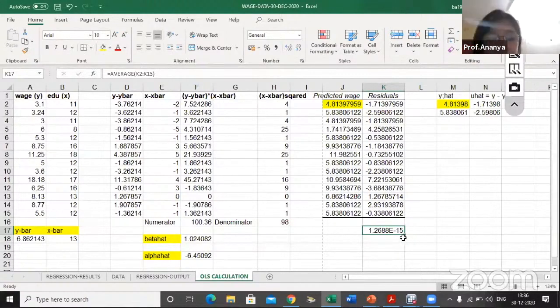This is just to show you that by the method of least squares, when you're fitting a straight line, it's minimizing the sum of squared residuals, and the average residual is driven to zero by your least squares methodology.